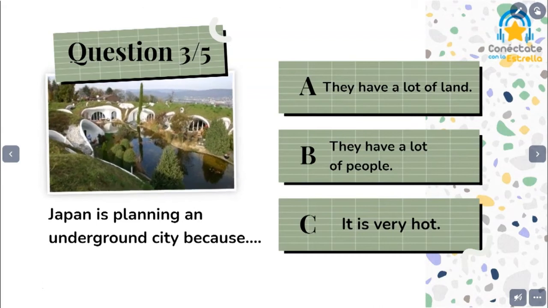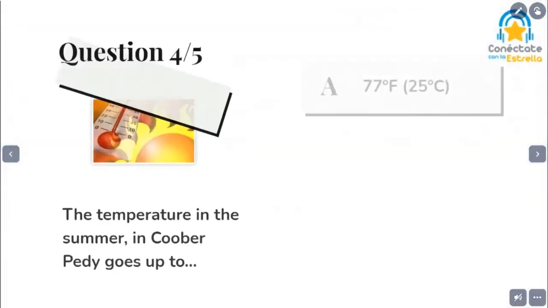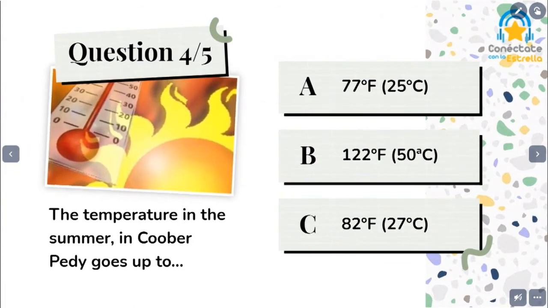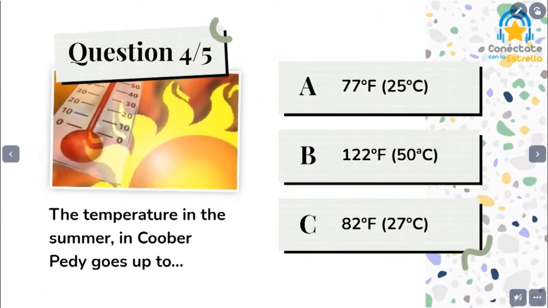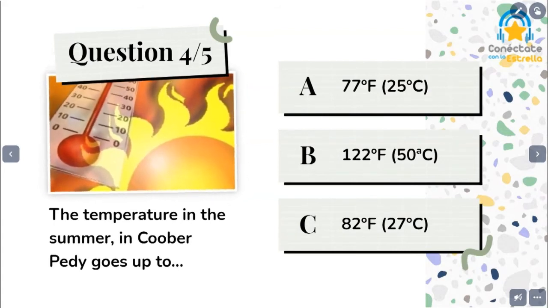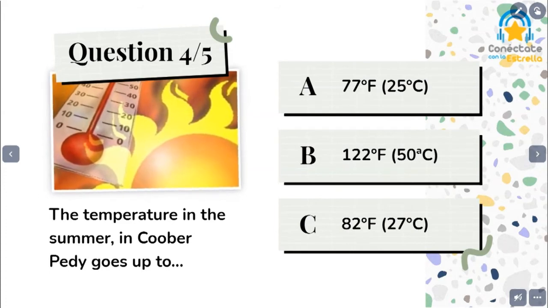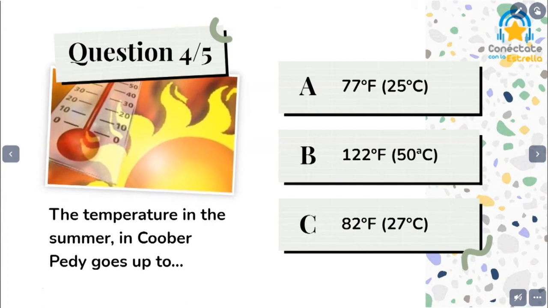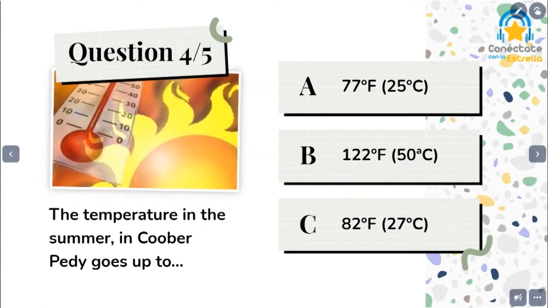B, they have a lot of people. The temperature in the summer in Coober Pedy goes up to A, 77 degrees Fahrenheit, B, 122 degrees Fahrenheit, or C, 82 Fahrenheit. B, 122 Fahrenheit.